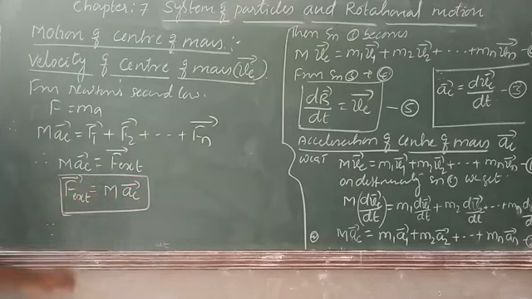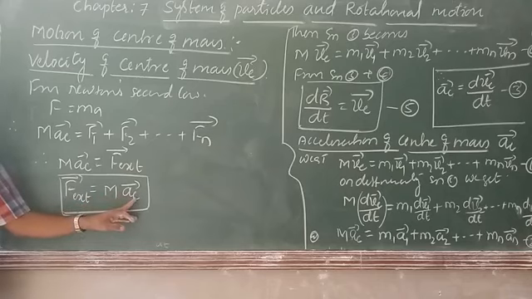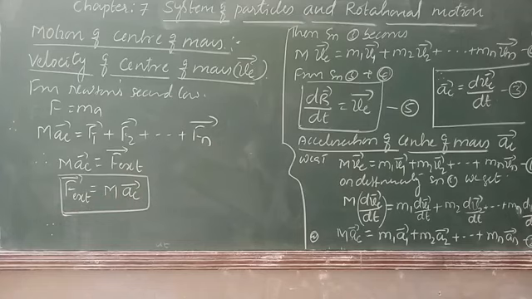So we got a very important conclusion at the end: the total force acting on individual particles, called the external force F, is always equal to the mass of all those particles into the acceleration of center of mass.